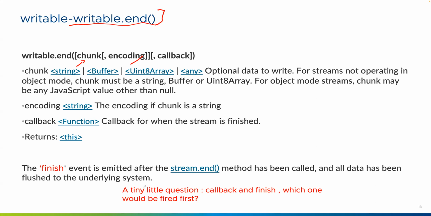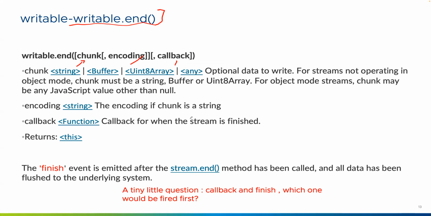There's a tiny little bit of a question. When you give your callback, that means that when the end statement is finished, the task is finished, and then Node.js will invoke this callback.